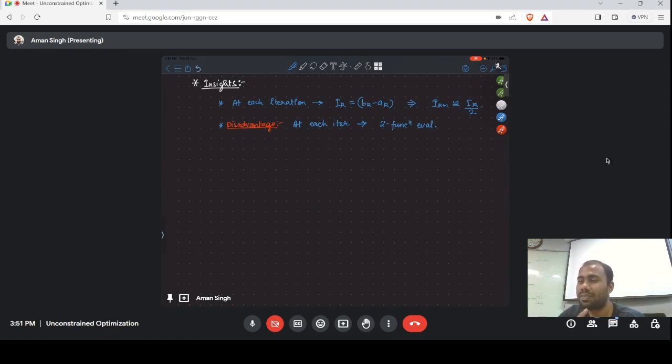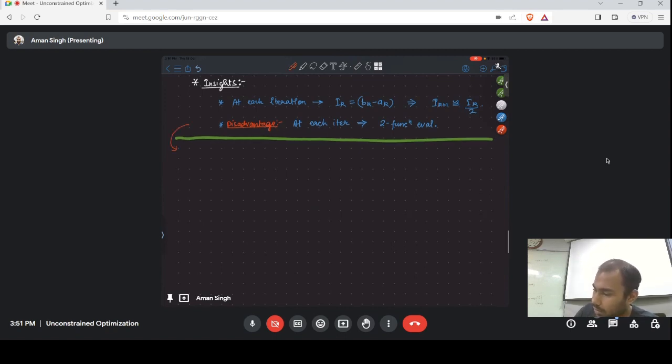If evaluating a function is computationally heavy, then it can be a disadvantage, and it may take a lot of time. So that is one disadvantage that we have in dichotomous search. Even though it's a very simple and intuitive algorithm, this is the disadvantage that we'll try to solve in our next algorithm.